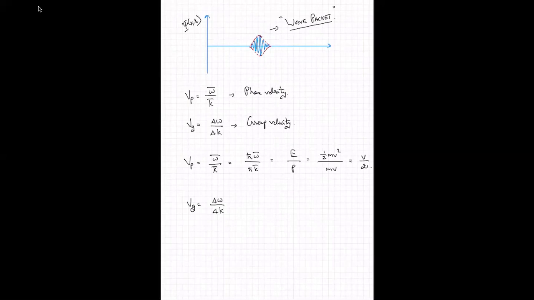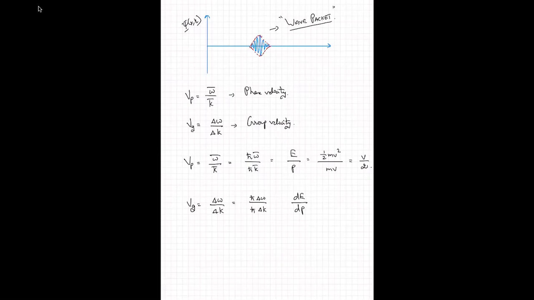Why? Well, assuming that delta omega and delta k are very, very small, I can approximate this by the corresponding differential, d omega over dk. Agree? So what is d omega over dk? Again, I can multiply and divide by h bar, and write this as h bar delta omega divided by h bar delta k. h bar delta omega is just dE, and h bar delta k is just dP, right?